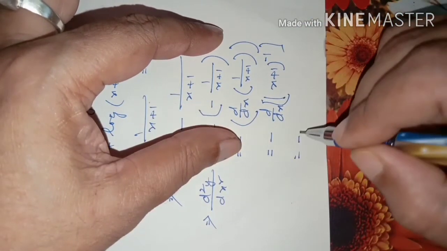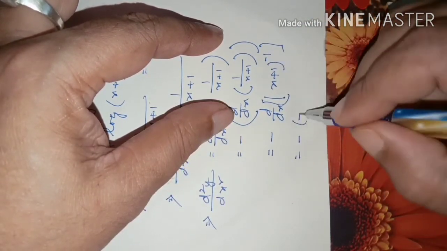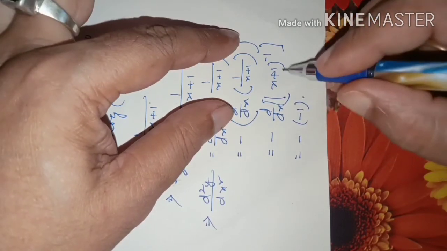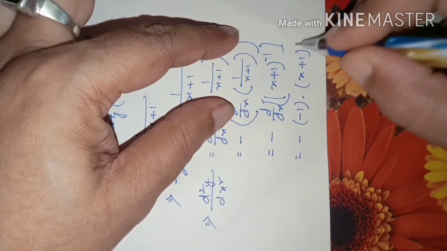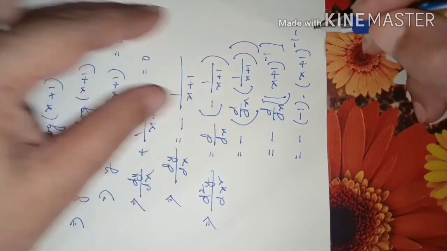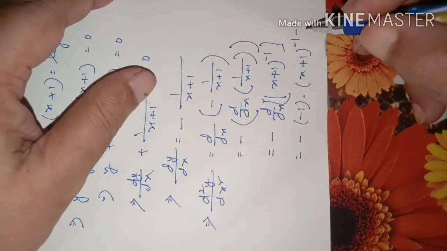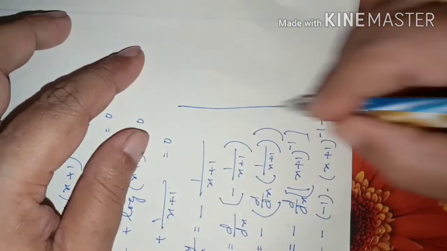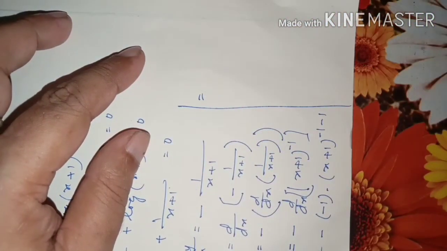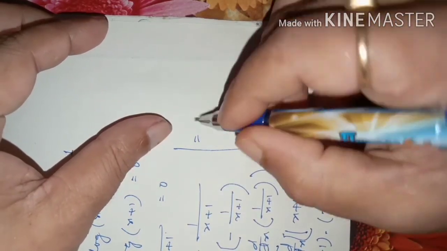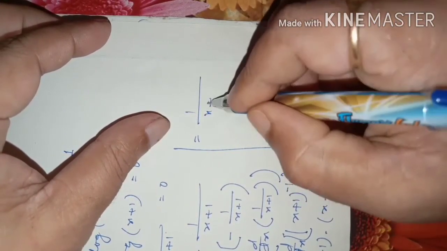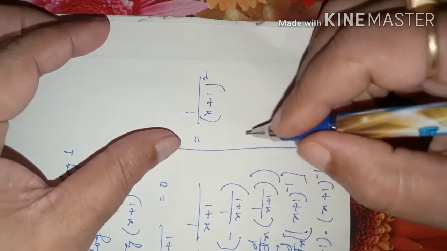So minus d/dx of this one is minus 1 into x plus 1 to the power of minus 1 minus 1, that means x plus 1 to the power of minus 2, which can be written like this. So here it will be minus times minus, that is plus 1 by x plus 1 the whole square. Okay, that is d2y by dx square.